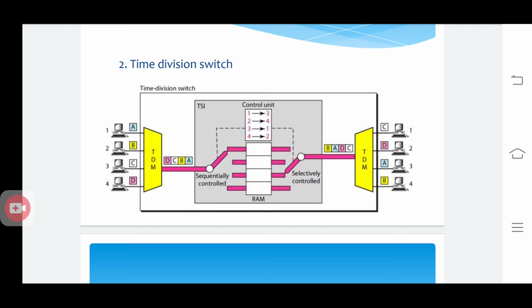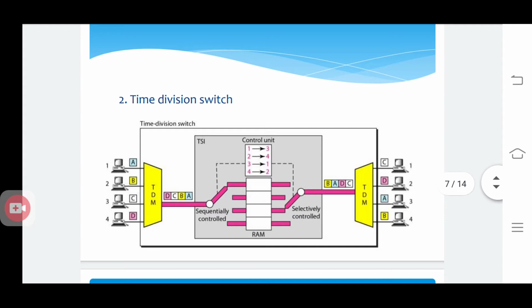The transmitted packets are in the order A, B, C, D, but at the receiver you get C, D, A, B based on the control unit. The switch contains a control unit.